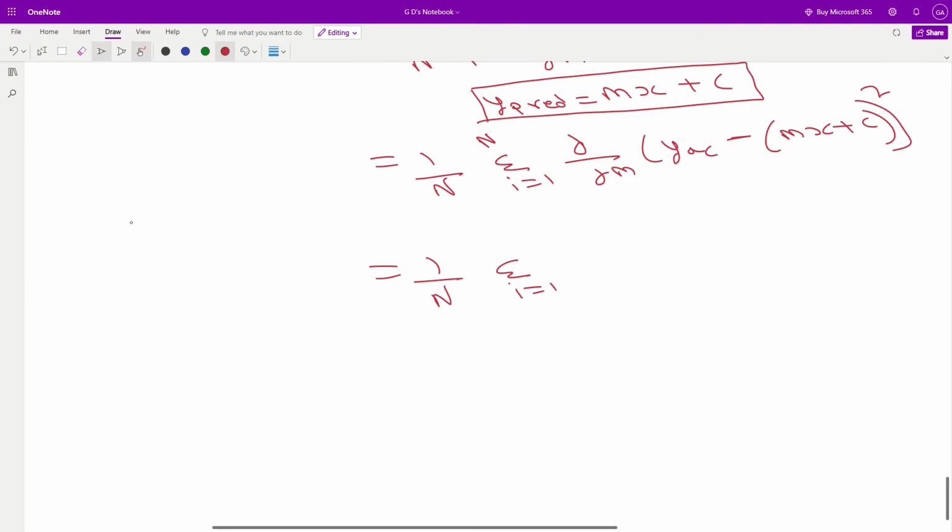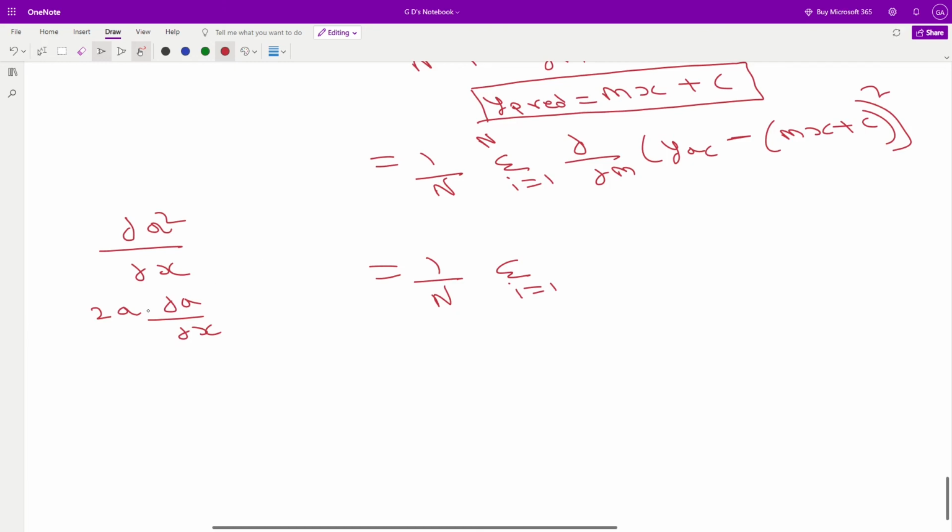Let me make it simpler. Dou a square by dou x, we can write this as 2a into dou a by dou x. This is how we can write it.